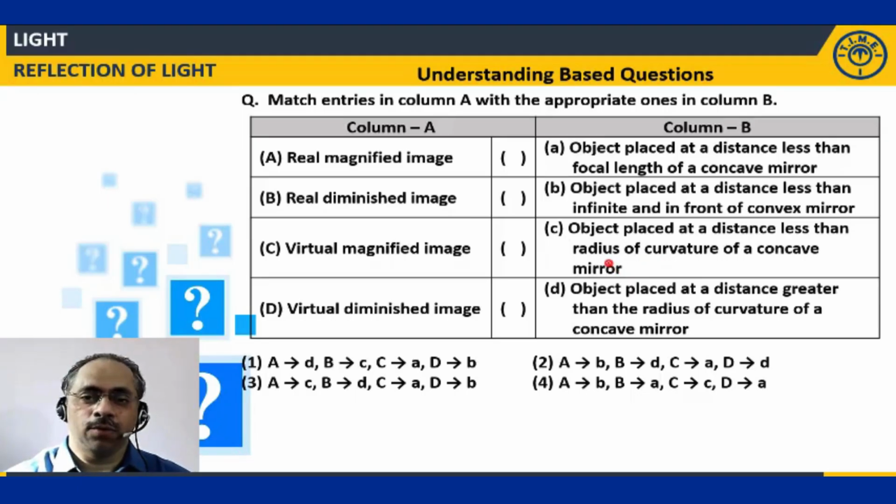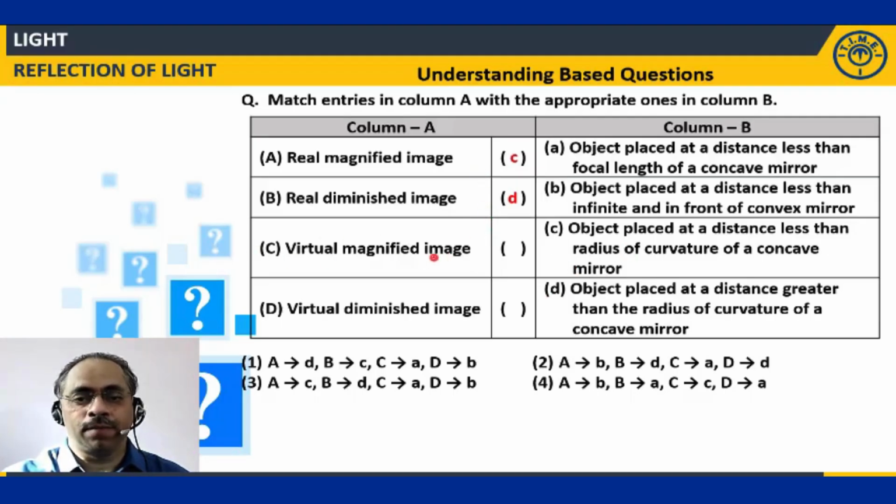So I'll get it as C over here. Next, real and diminished image. When you look at a diminished image, the object is placed at a distance greater than the radius of curvature of a concave mirror. Then you will get a diminished and a real image. So next one is B, D. So this is the one corresponding there.